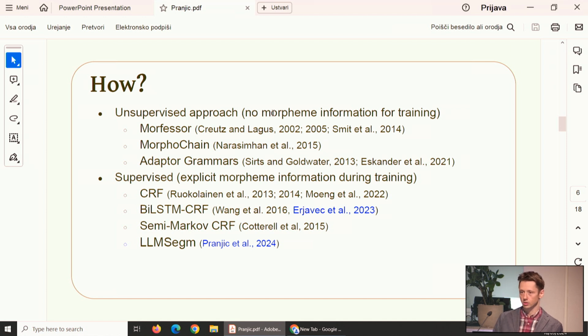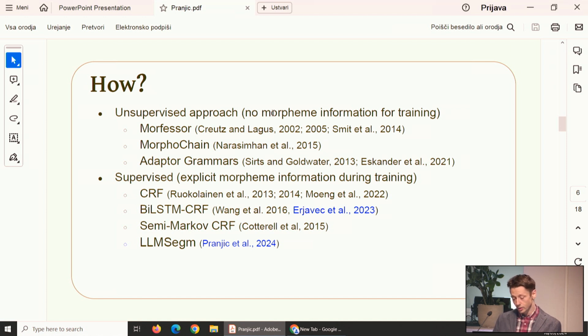We just load a large amount of words and wait for the system to figure things out, to combine words that are similar, try to detect where the prefixes and suffixes are, and then give us some result. And there is the other system where we provide explicit information. During training, we give it a word and say, this is a morpheme, this is a morpheme, now try to see patterns and how to apply them in a similar way.